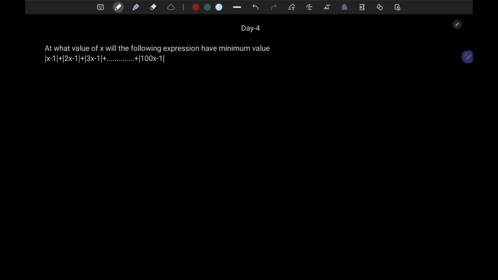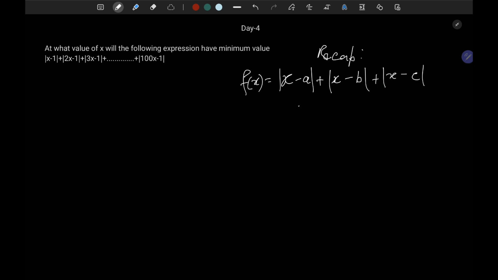Before solving the problem, let's do a quick recap of what we learned yesterday. If we had a function of x given by mod of x minus 1 plus mod of x minus a plus mod of x minus b plus mod of x minus c, like that, then the critical points are x equal to a, b and c.